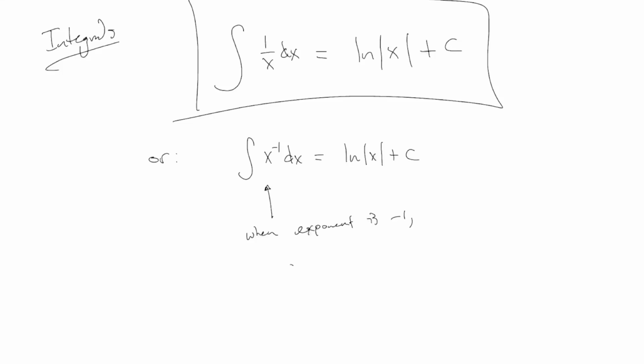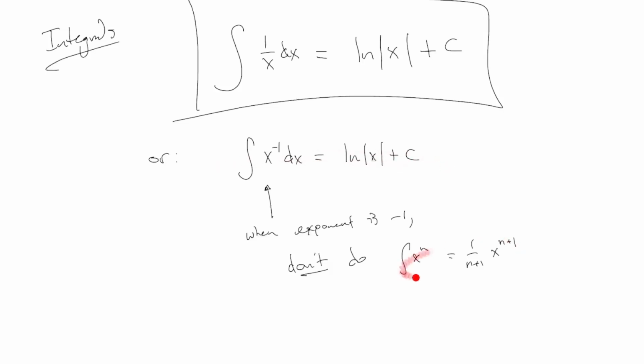Ordinarily, if you have a power of x, you increase the power by 1, and then you divide by the power in the front, right? But when the exponent is negative 1, you don't do that rule. You do instead this rule.